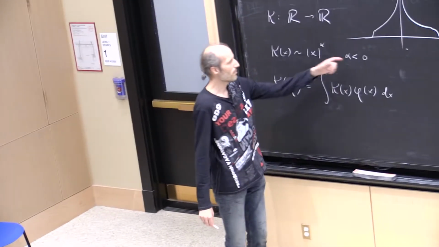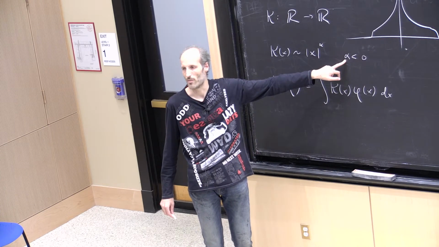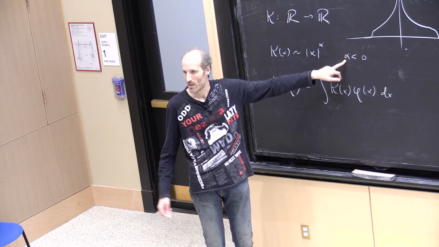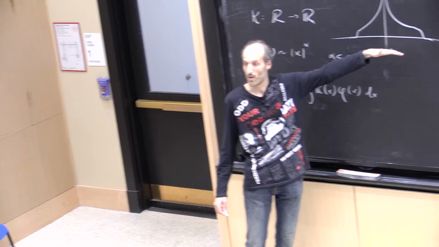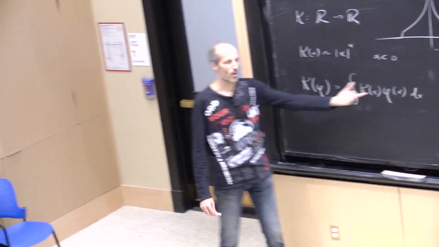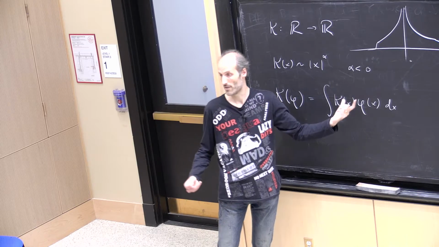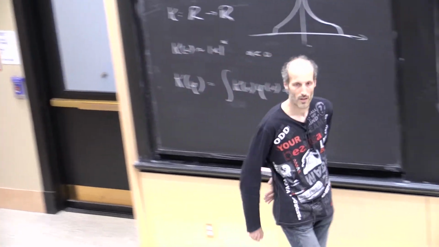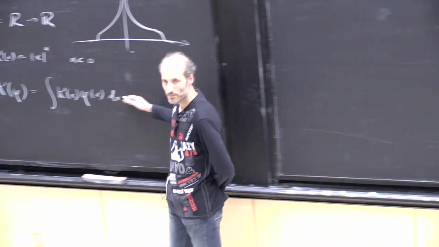Well, there's no problem as long as alpha is bigger than -1, or minus the dimension. But as soon as alpha hits, say, -1 in dimension 1, then you have a problem, which is that this integral is not well defined anymore. Obviously this integral doesn't converge. So this is not a good definition anymore.